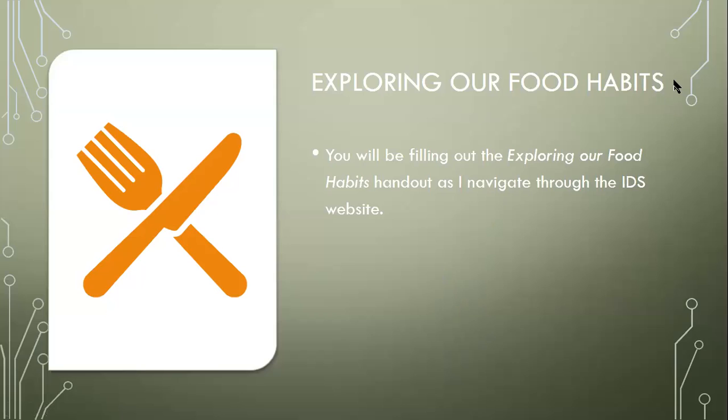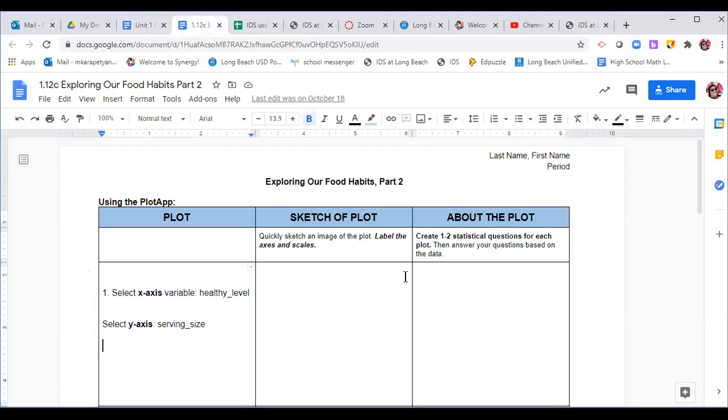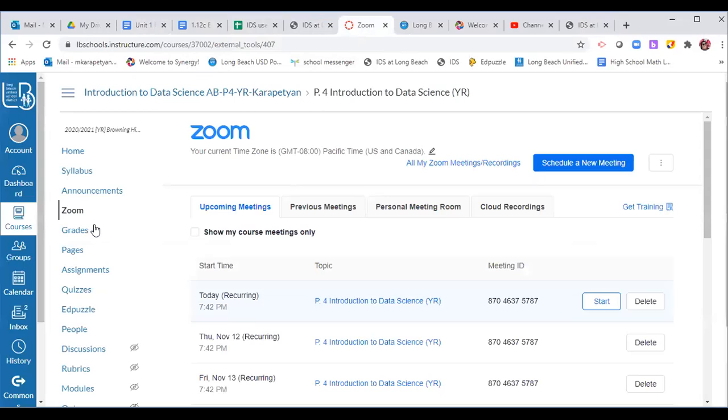So now we're going to do part 2 of this, which is the 1.12c. So I'm going to go back to my Chrome and look through my million tabs. Sorry. So we're going to be doing the 1.12c, exploring our food habits, part 2. Okay. So you can access this from your Canvas page.